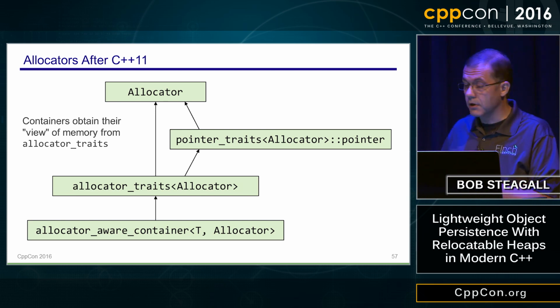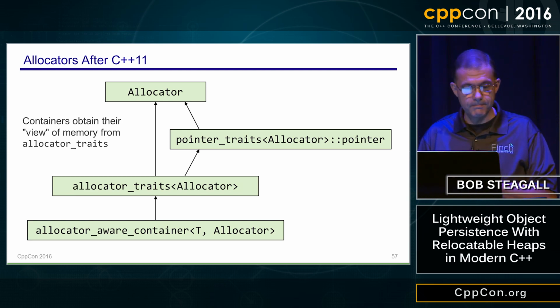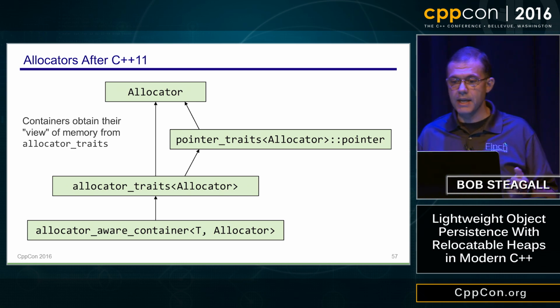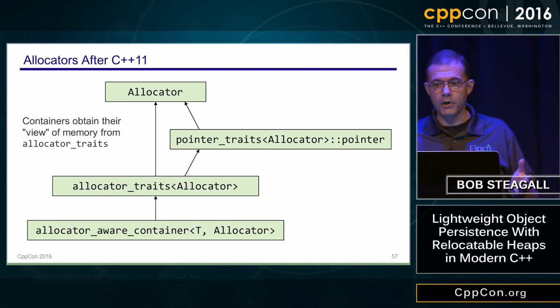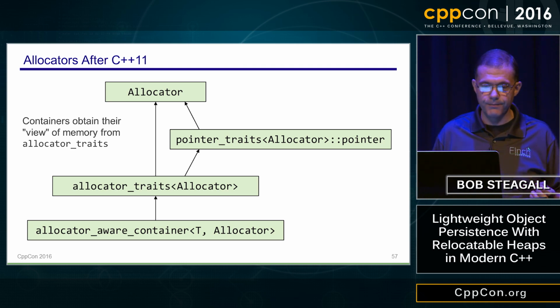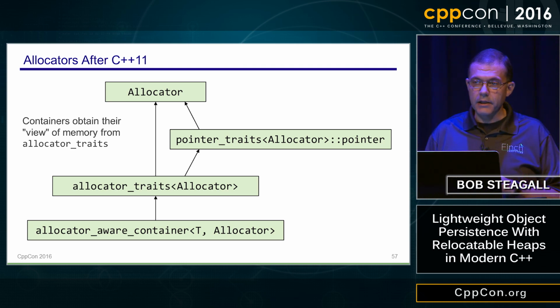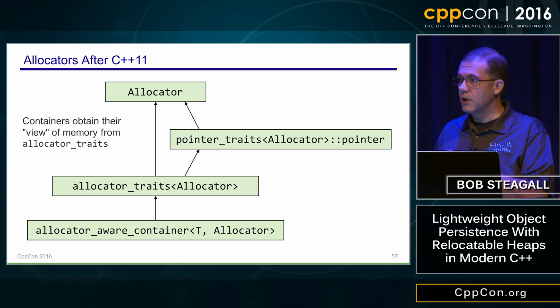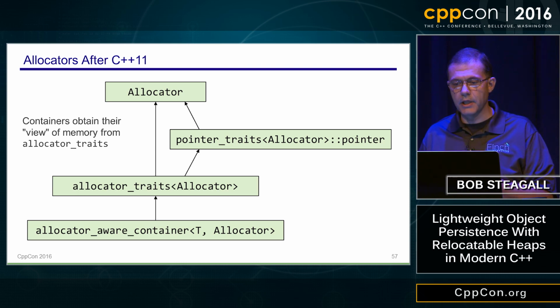So here's a picture of the new way, the new order. Working from the bottom up, containers must now obtain all information about memory from the allocator traits template. In turn, the allocator traits template obtains information about memory allocation services from the allocator and also from the pointer traits template. The pointer traits template has a very specialized job.